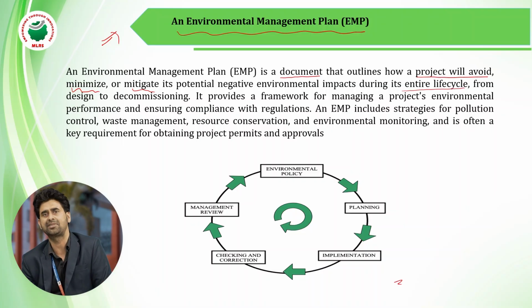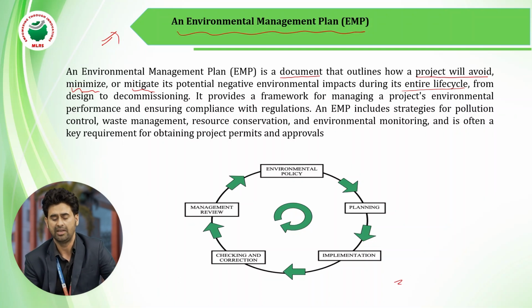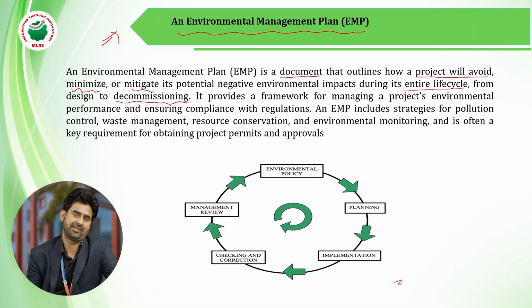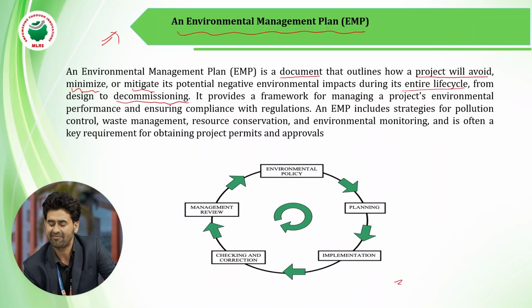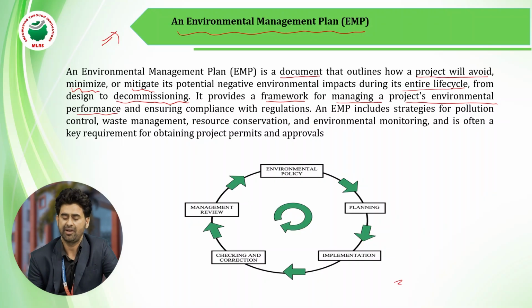During its entire life cycle means from the design of the project to the decommissioning. The environmental management plan provides the framework for managing a project's environmental performance by ensuring compliance with regulations.